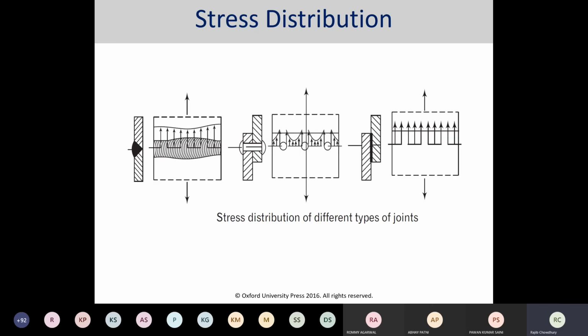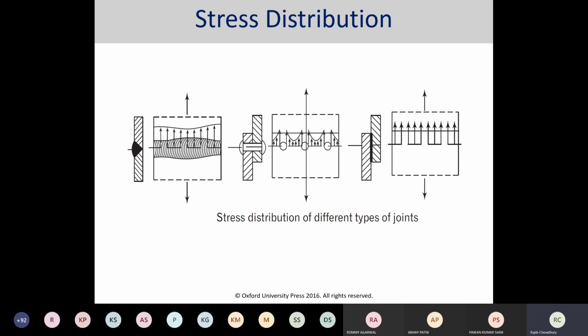I will be ending today's lecture by showing this particular figure. Let's say we have different kinds of connections, bolted connections as well as welded connections, and here are the typical stress distributions of different kinds of joints.